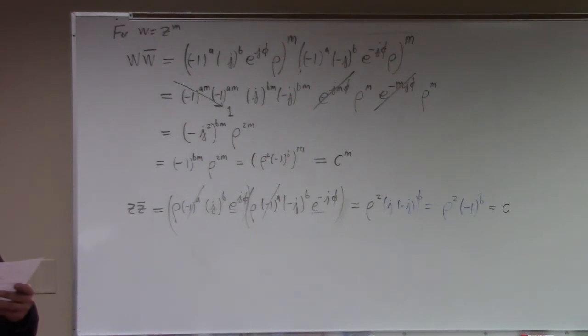I used h instead of rho. Let's see here. H, J rho minus H, J rho.